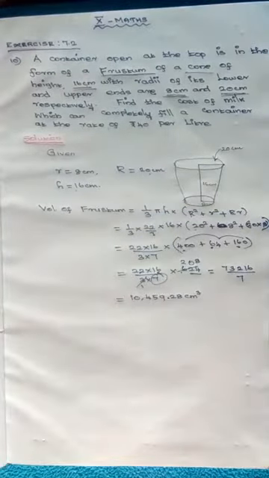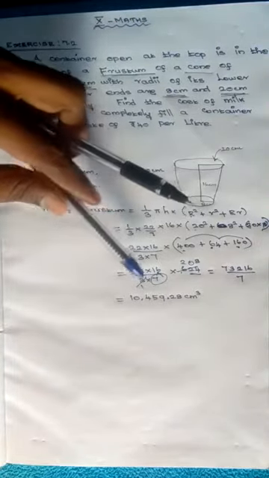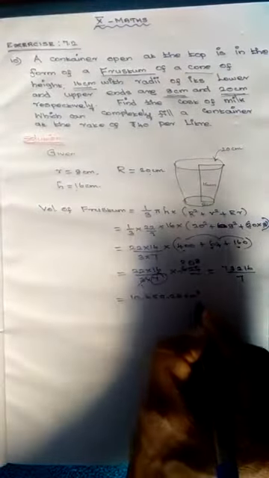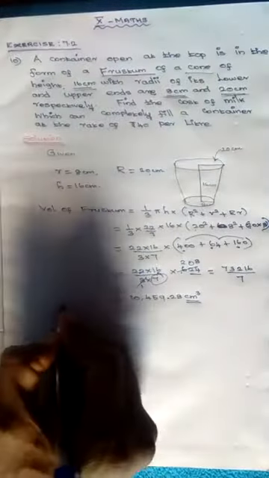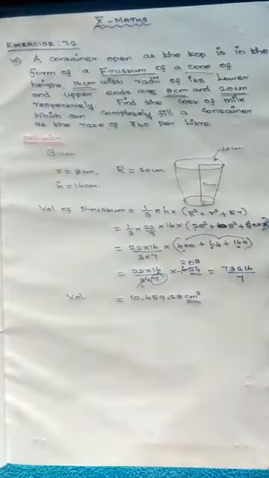Here the unit is centimeter, and since volume means cubic centimeter, the volume of the frustum is 10,459.28 centimeter cube.